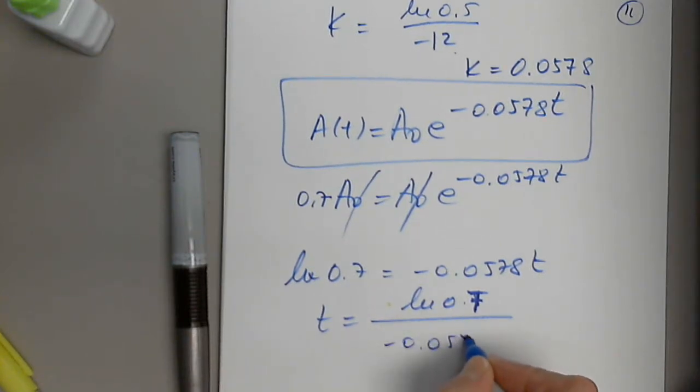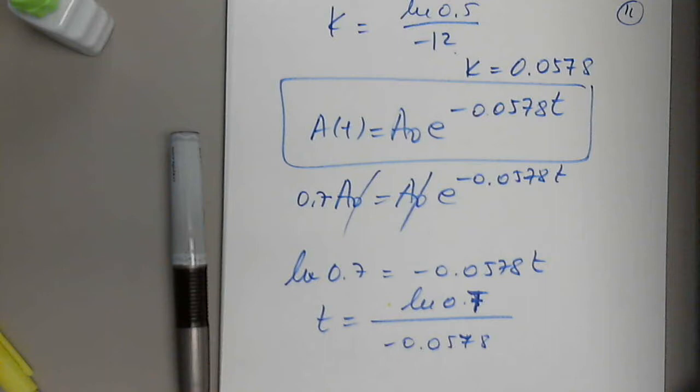Natural log 0.7, divided by negative 0.0578. So I divide natural log 0.7 by the previous answer, the whole answer. And I got... Oh, so in order to do half-life, you have to find k first, and then you have to do t.